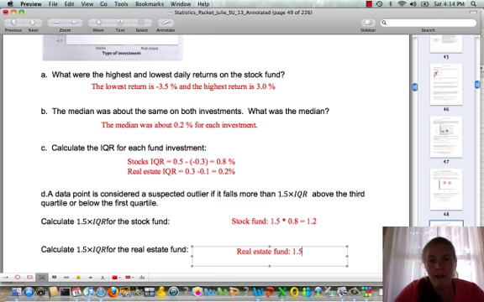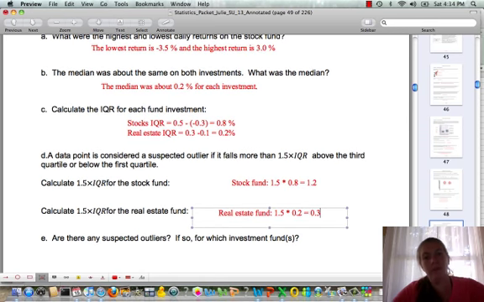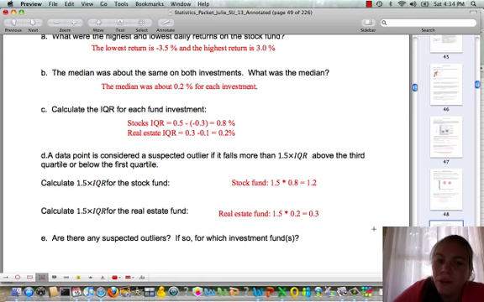We're going to say 1.5 times 0.2%, and that should be 0.3. So anything that goes above or below these distances from the quartiles is considered an outlier.